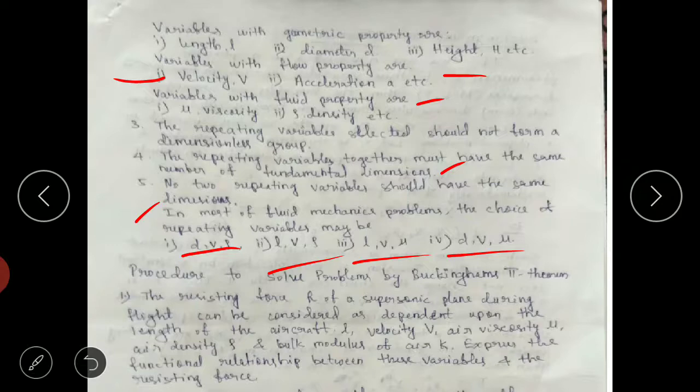If you read the problem, the resisting force depends upon the length of the aircraft, velocity, air viscosity, density, and bulk modulus of air. So there is one dependent variable and 5 independent variables, totally 6 variables in the problem.